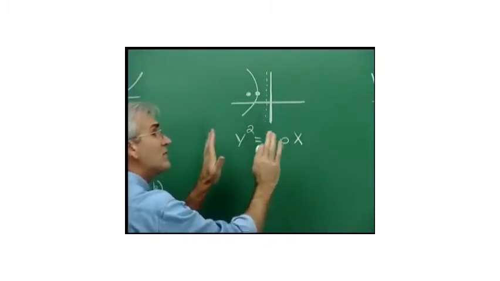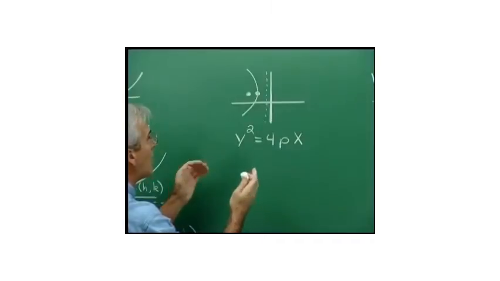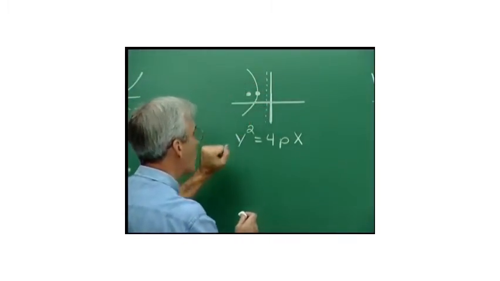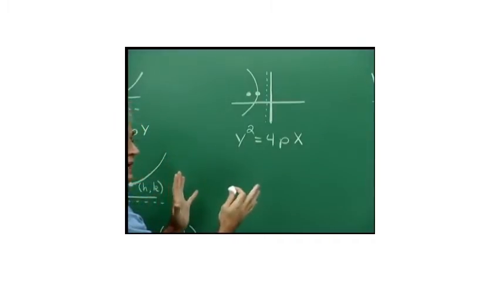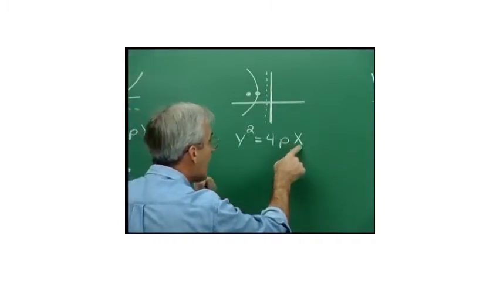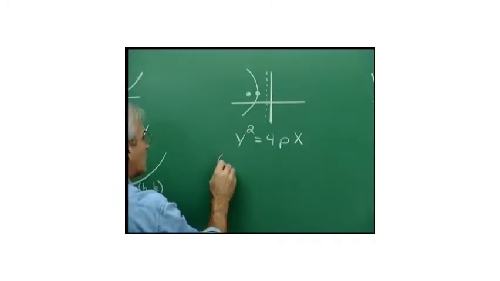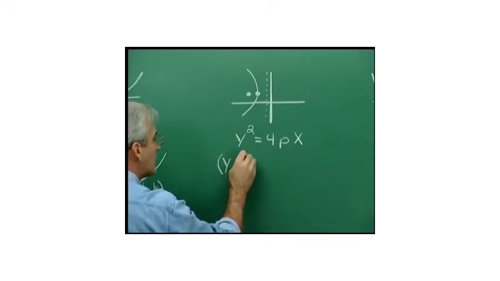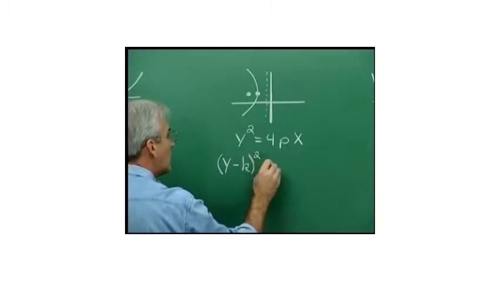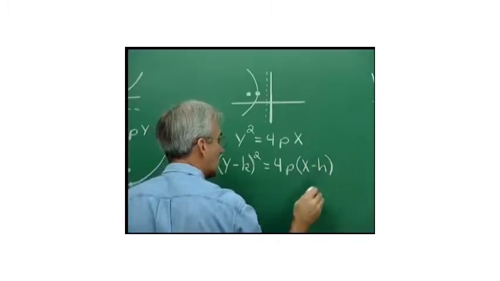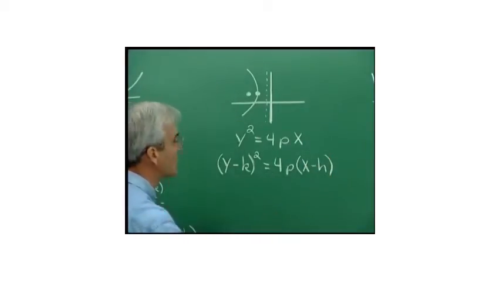Okay, so that's the basis upon which we're working. And now, because we're moving the parabolic curve away from the origin, we introduce the idea of h and k. And the h is associated with x and the k is associated with y. So this becomes y minus k squared equals 4p times x minus h. You see, so now here's the equation associated with that one.